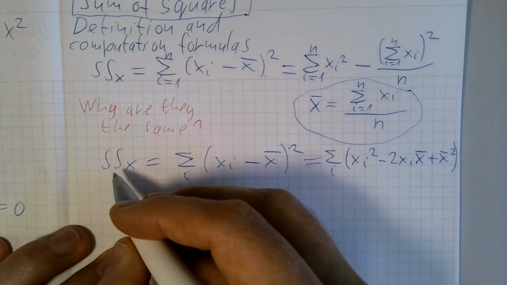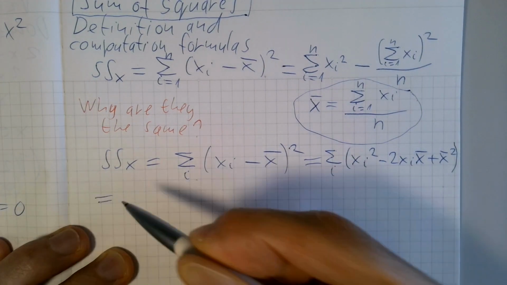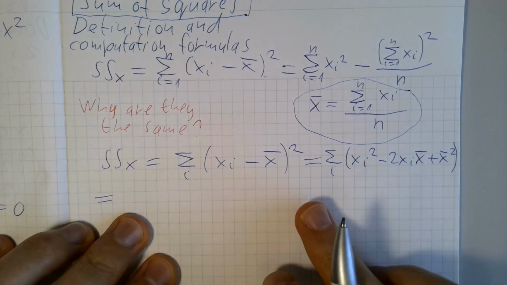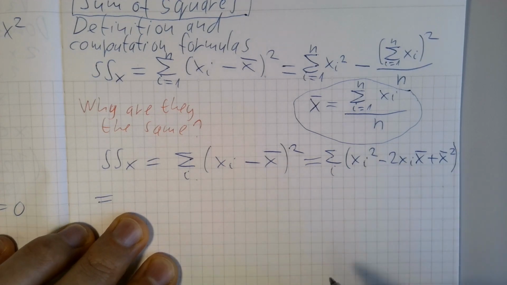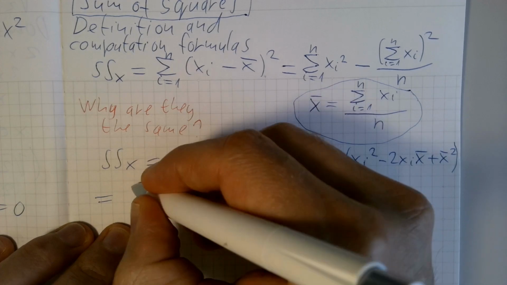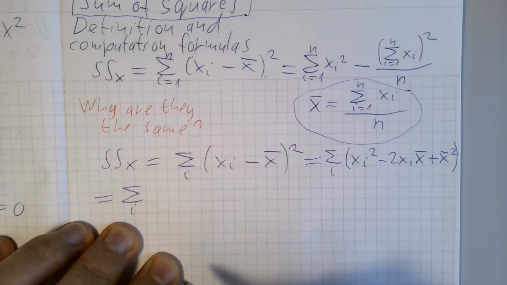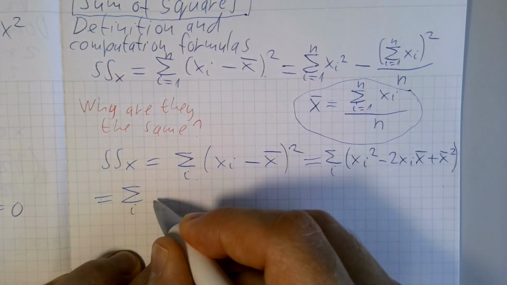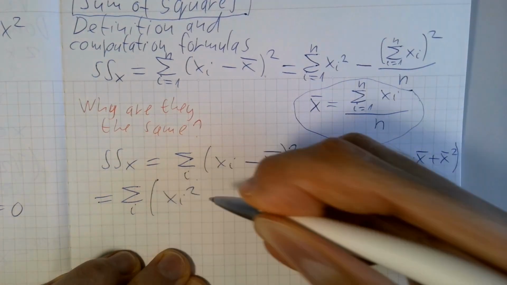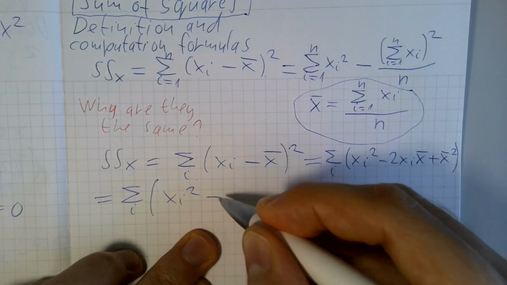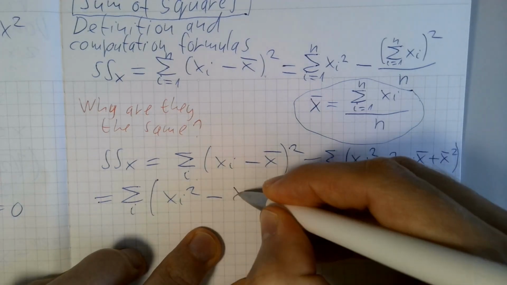And that's the same. I'm still working inside the parentheses. What I'm going to do is just extract x, the mean of x. So it's the sum over i, and I have xi squared minus the mean extracted.